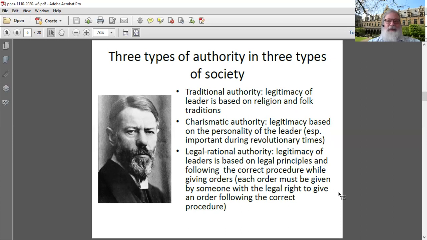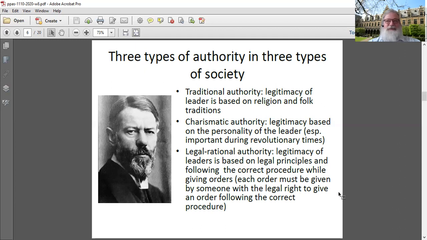Attempts to replace them with legal authority had failed miserably. Right? From 1789 through to 1799, 10 years, there was chaos, there was confusion, and eventually one person, through the power of his personality, his public speaking ability, and his image, took charge.